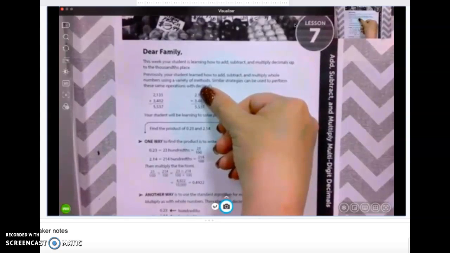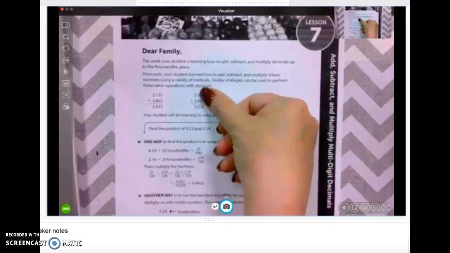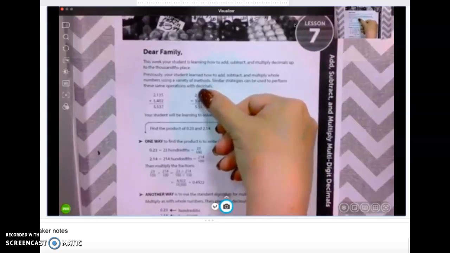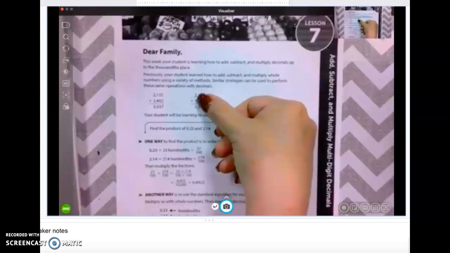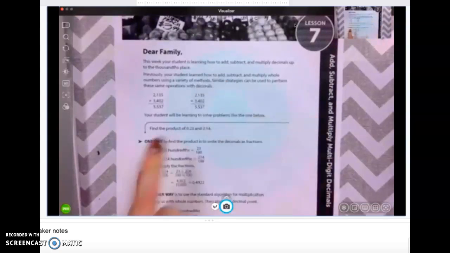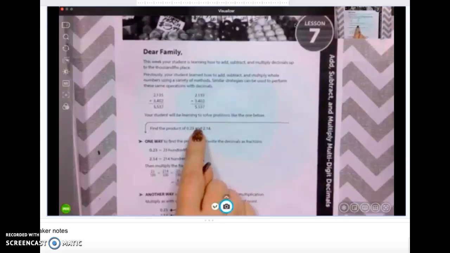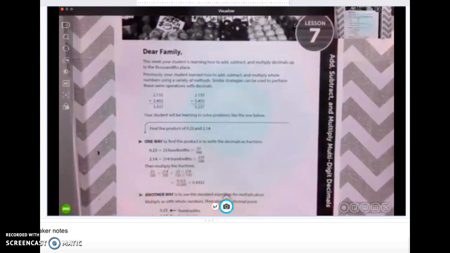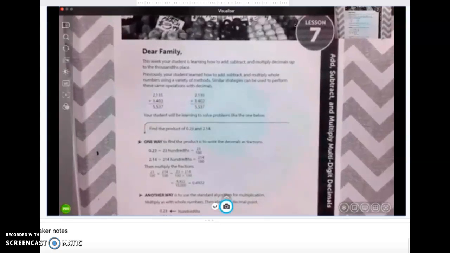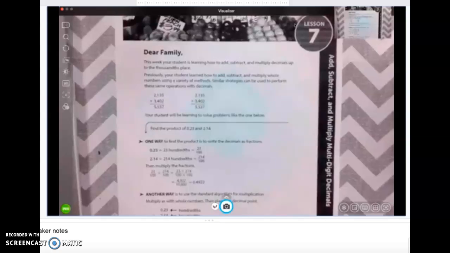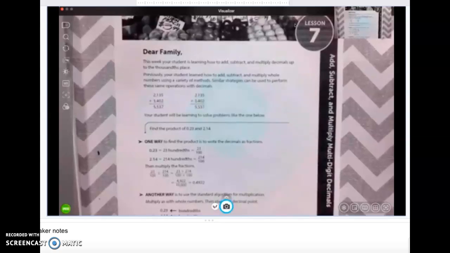They had to line up the tenths places with the 1 and the 4. They had to make sure their decimal points were lined up. And then our ones place value was the 2 and the 3. So really, when we're adding or subtracting decimals, we have to make sure that we're lining up the place values. And the first way to start to do that is to line up your decimal points.